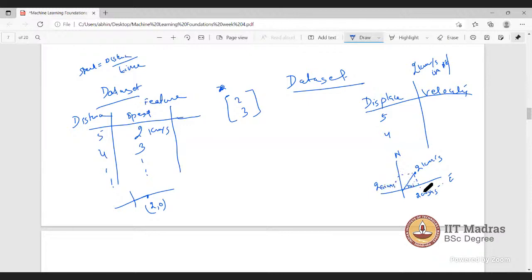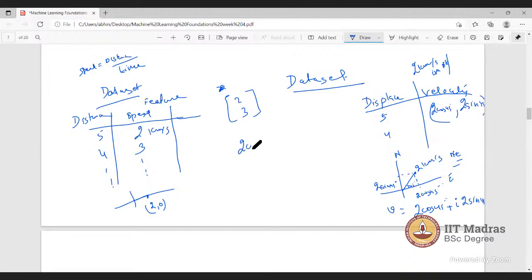Now I can write this in complex form. I will write this velocity as 2 cos 45 plus i 2 sin 45, and together this gives me 2 kilometer per second in northeast. So to represent this, I have two components, 2 cos 45 comma 2 sin 45. Now how will I write this in matrix form?